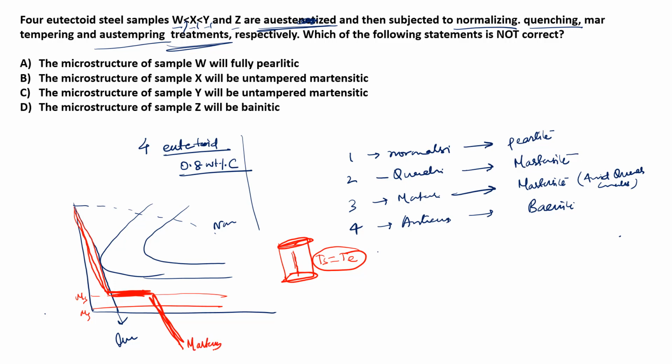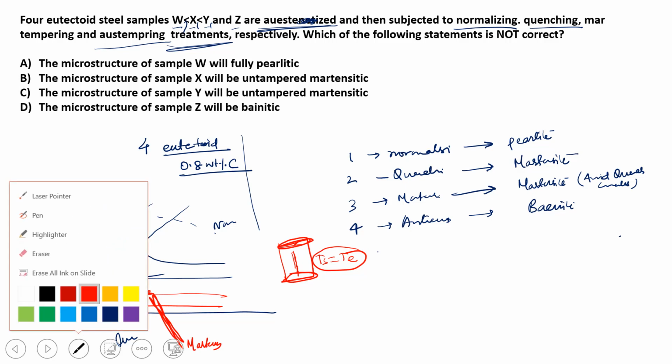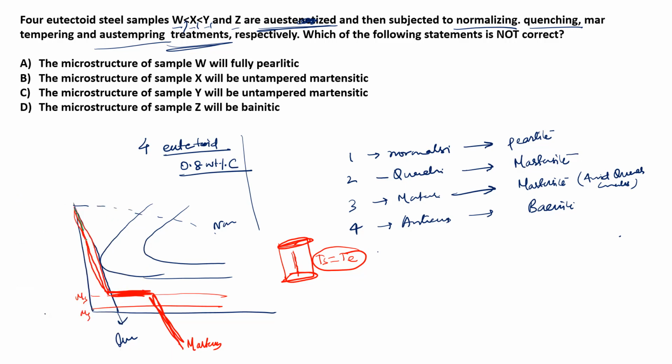Next is Osh tempering. So in the case of Osh tempering, we cool it rapidly up to here and we allow it to transform to bainite. Okay, fine. So the first option, the microstructure of the sample W will be fully perlite.